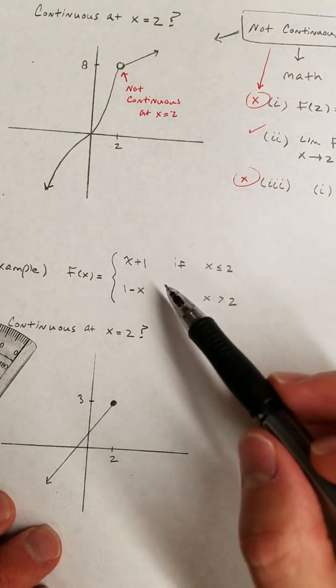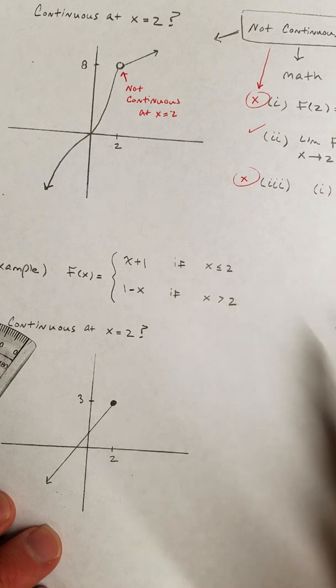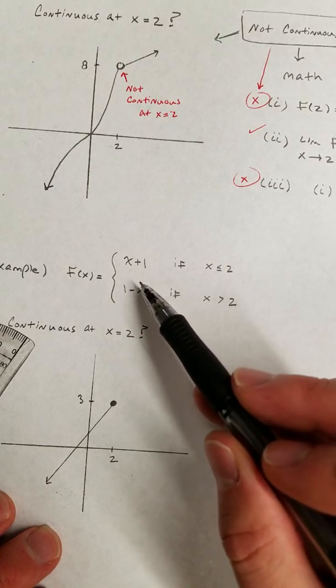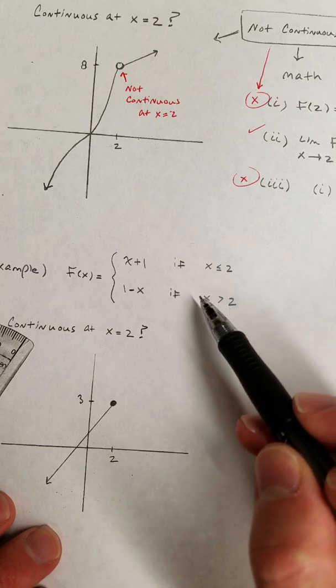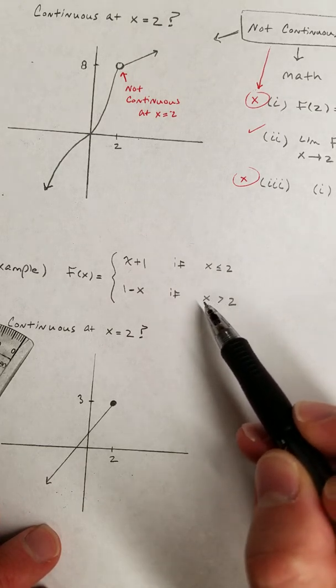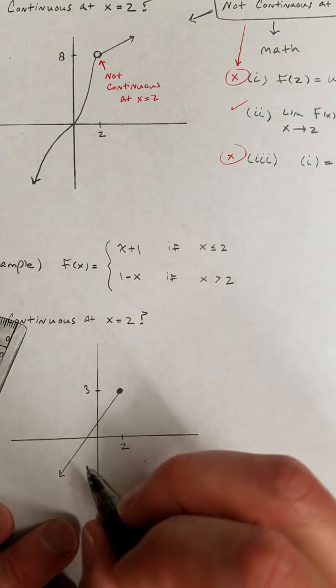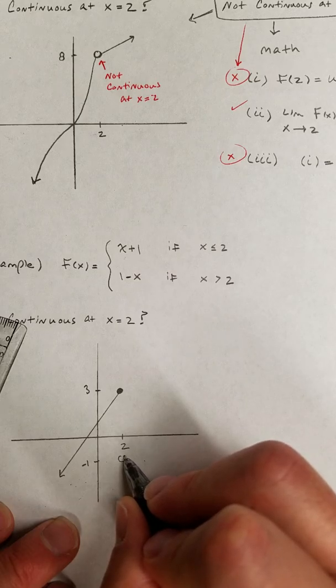Okay, and what about this one though? This one picks up from 2 onward. What's the very first point that we get out of that for x greater than 2? Well, remember, even though 2's not technically allowed here, we'll put 2 in. 1 minus 2 is negative 1. So down here at negative 1, we'll get this point that's open.